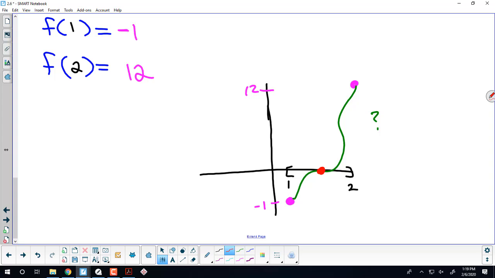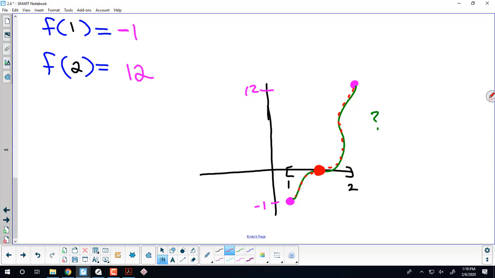If it goes from -1 to +12 and it's continuous, it has to pass through 0. In other words, since this function is continuous, it takes on all intermediate values between those two points. Specifically, we were looking for when it's equal to 0, right here. Okay, so that's our conclusion.